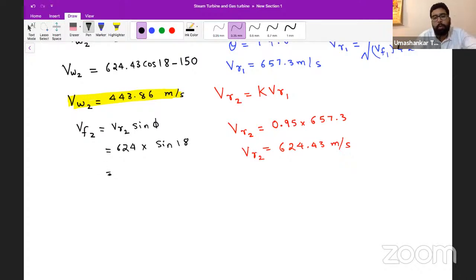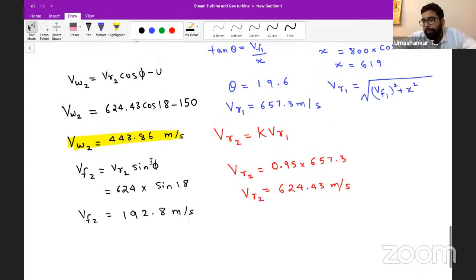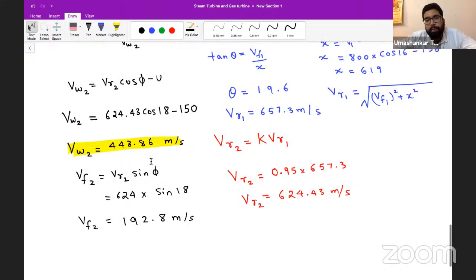So it is coming out to be 192.8 meter per second. Do check the calculation by yourself. The unit is everywhere meter per second. So VF2 is equal to 192.89.